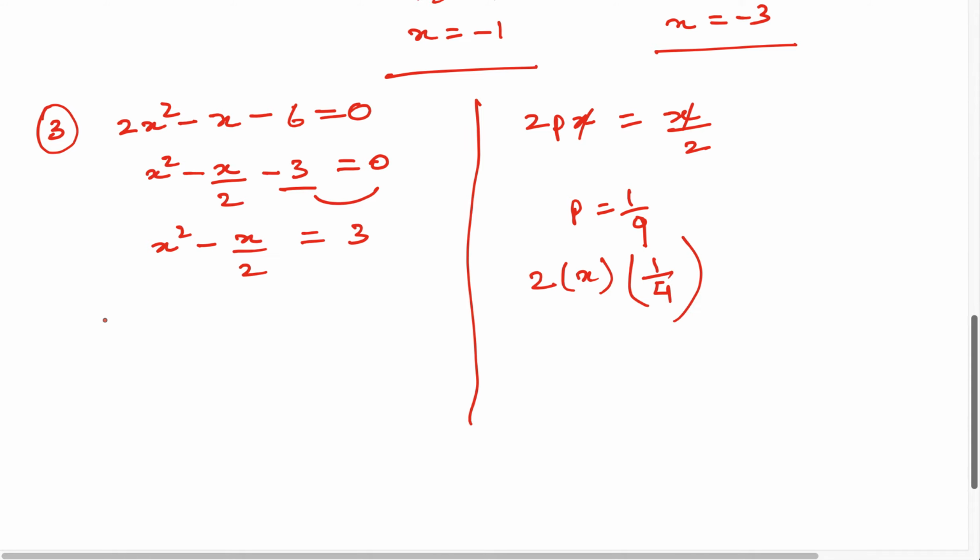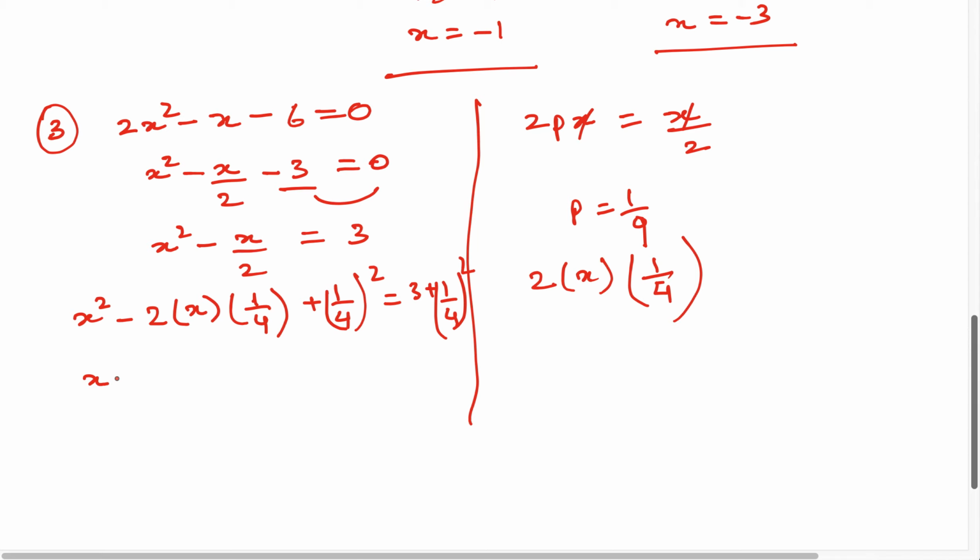Okay, so what will this become? This will be x square minus 2 into a, which is x, into b, which is 1 upon 4, plus 1 upon 4 whole square. This will be equal to 3 plus 1 upon 4 whole square.